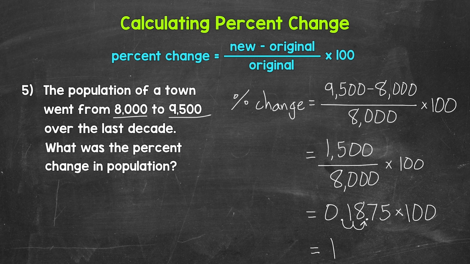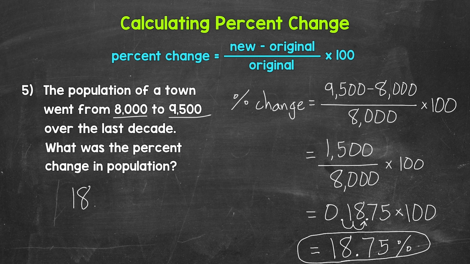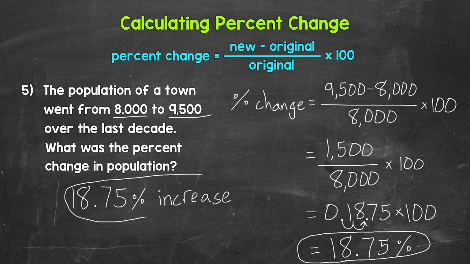So that gives us 18.75%. And that's positive. So again, that tells us we have an increase here. So what was the percent change in population? Well, 18.75%, and that was an increase. So an 18.75% increase. Let's move on to number 6.